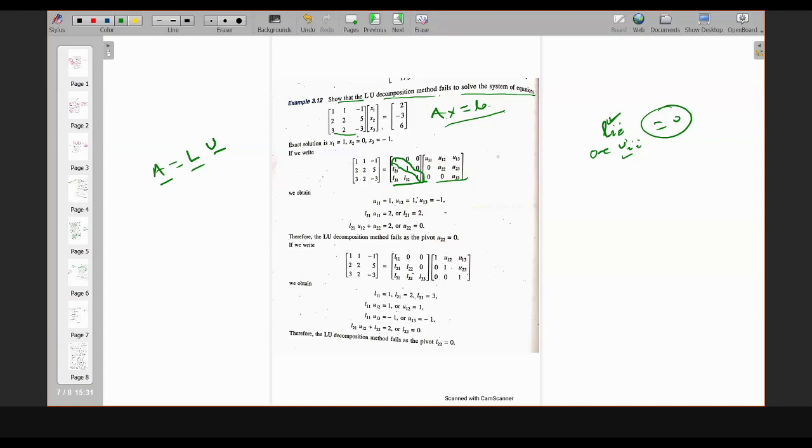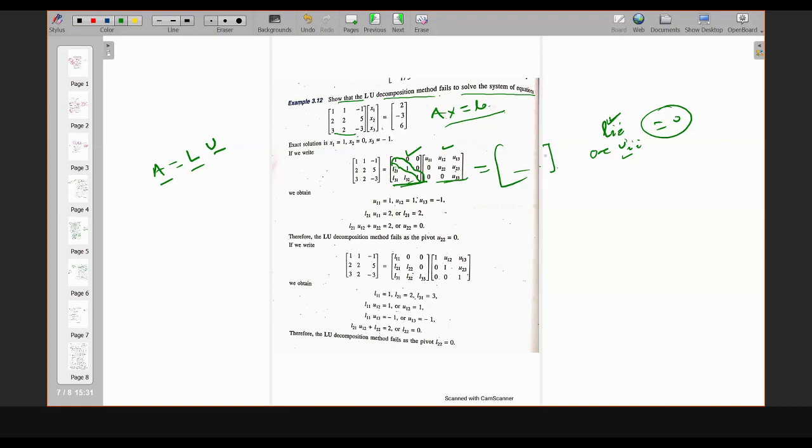Then this is your L and this is your U. Next, after multiplying these two matrices, you compare the resulting matrix with the left hand side.